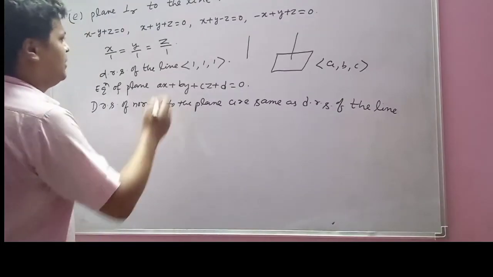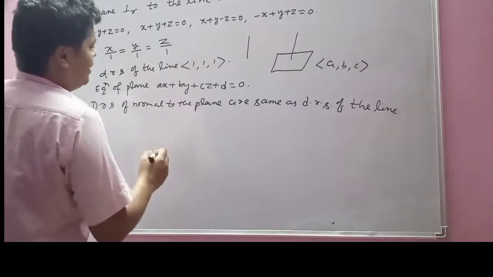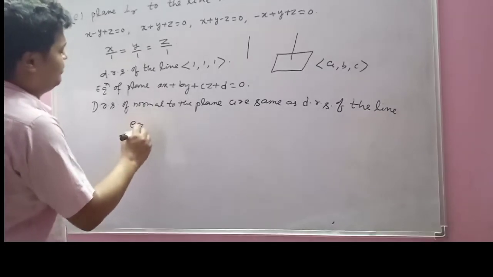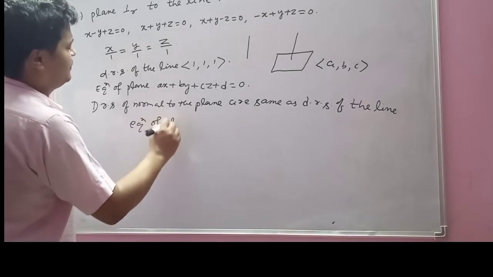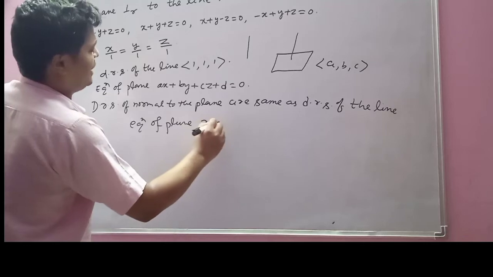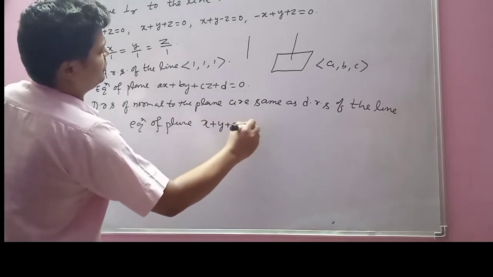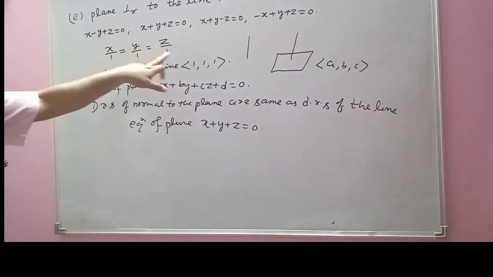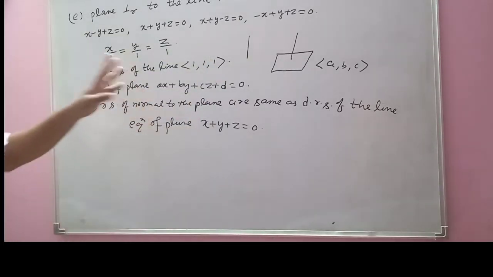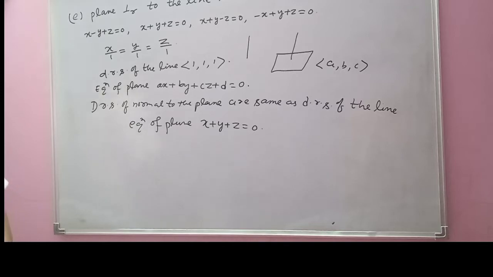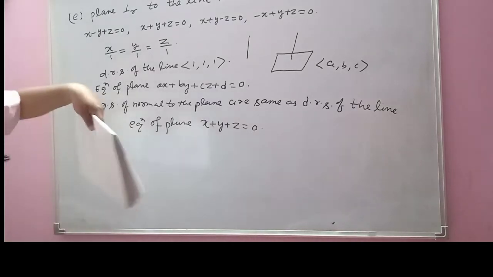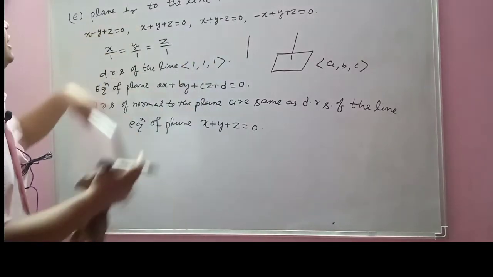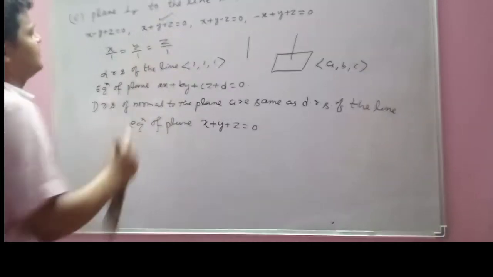So DRS of the normal to the plane are 1 1 1. So equation of plane becomes x plus y plus z equal to 0. Essentially you have to mark that the DRS of the line and the DRS of the normal to the plane are proportional. So here only one option is there. So this option is correct.